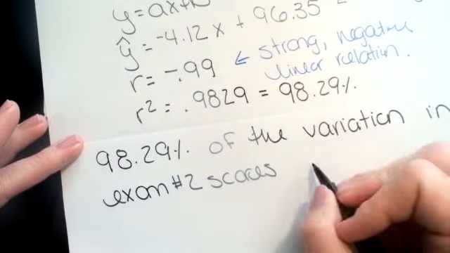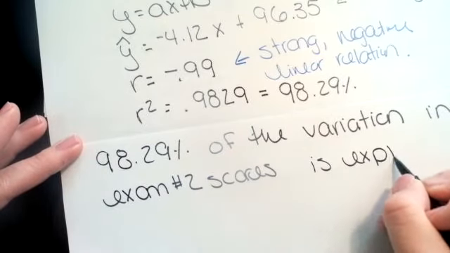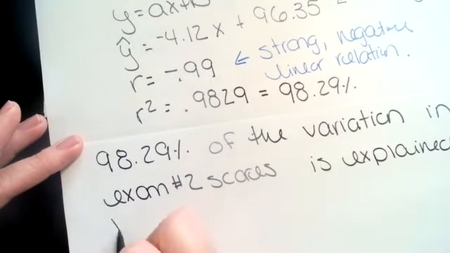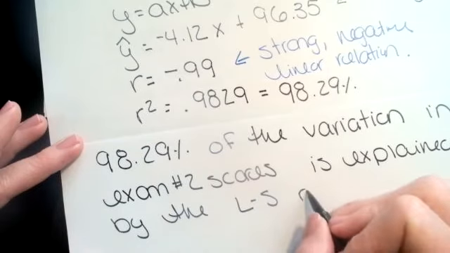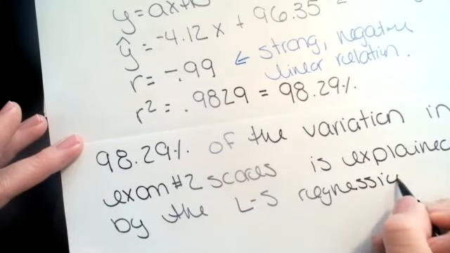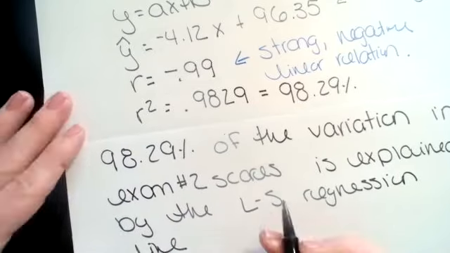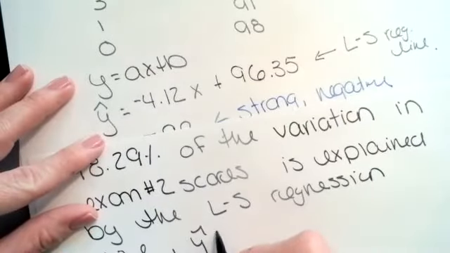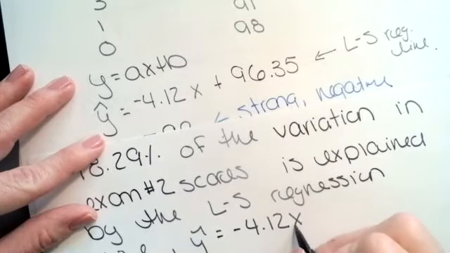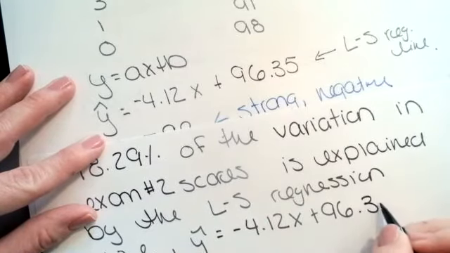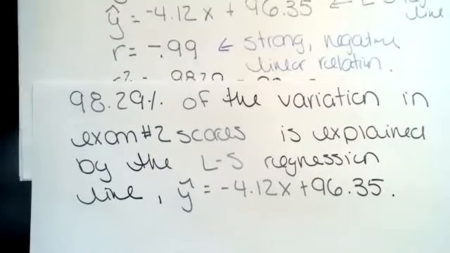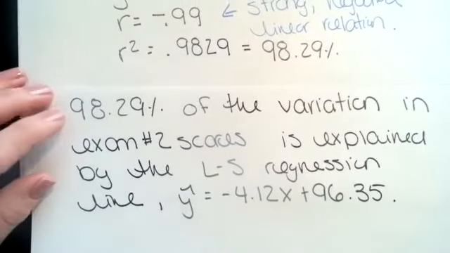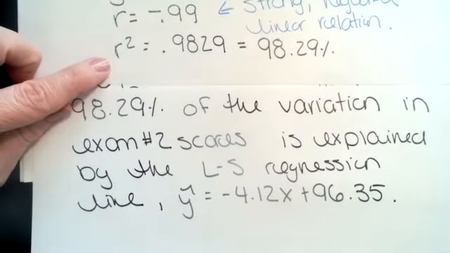It's what we're talking about is explained by, now I abbreviate all the time, least squares regression line. And then I include the line. So I would say it's y hat equals negative 4.12x plus 96.3. Sorry, that's a little crooked. There we go. So that's my explanation or my interpretation of my R squared value, my coefficient of determination value.